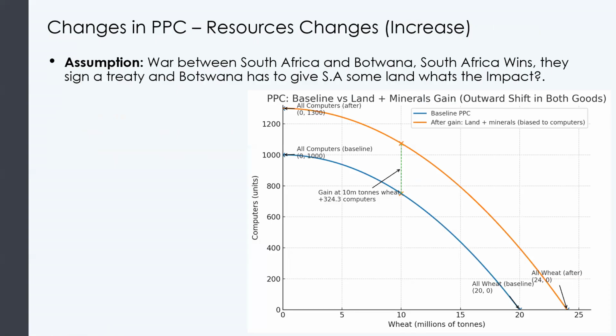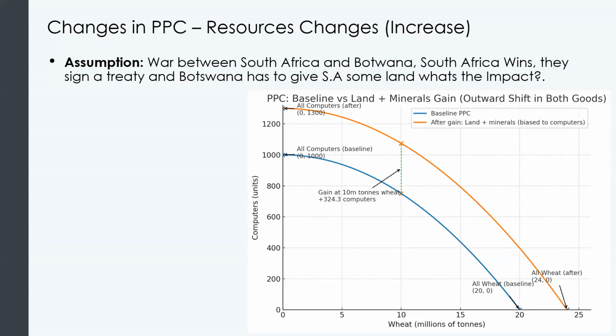All right, let's go to the next part. Remember I said that we have unattainable points. The reason why we have unattainable, I said, is because we have limited resources. We've used up all of our land, all of our entrepreneurial skills, all of our labor. But if perchance there is an increase in a resource, it means that our production possibility frontier will also increase.